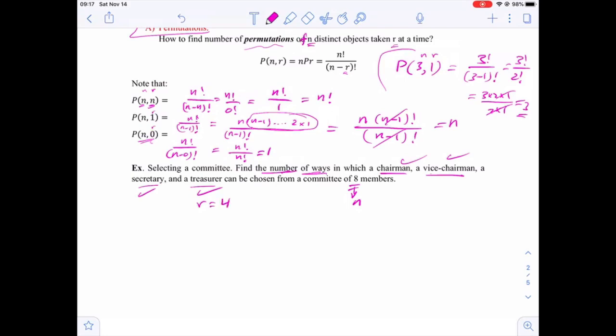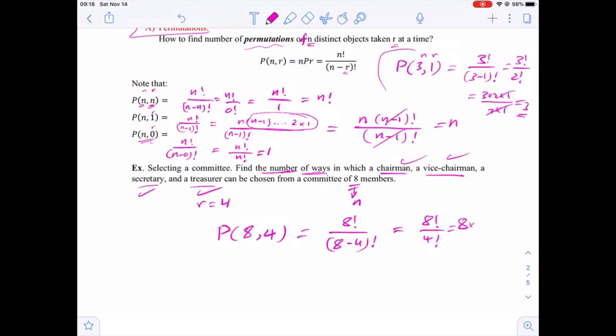Does order matter? Yes, because the first one will be the chairman, the second the vice chairman, the third the secretary, and the fourth the treasurer. So we write P(8, 4) equals 8 factorial over 8 minus 4 all factorial, which is 8 factorial over 4 factorial. You can use the calculator, or you can just compute it by hand.